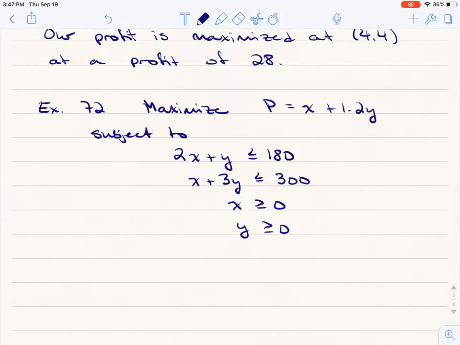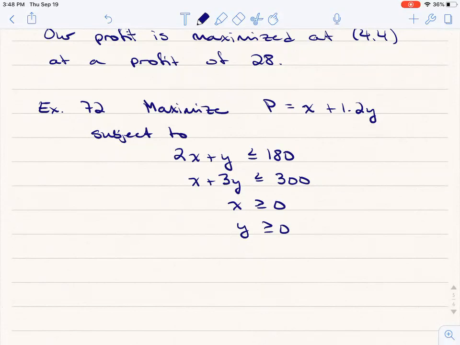For most of our calculations, we can do what I did earlier, just treat it as an equal sign. Draw the line, and then figure out which side of the line I'm working on.